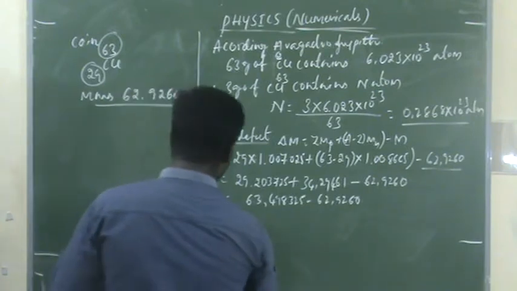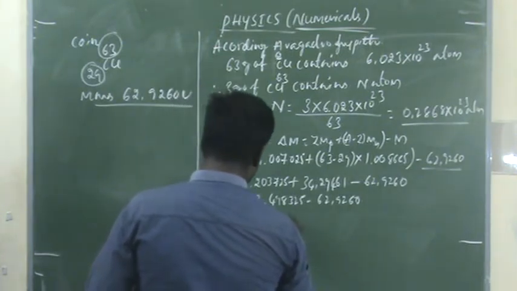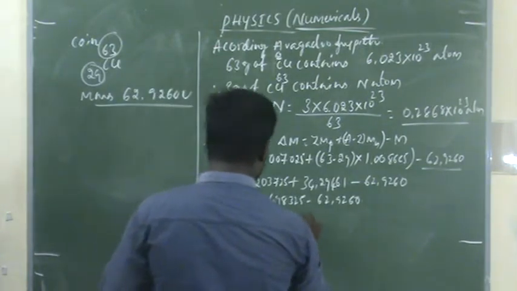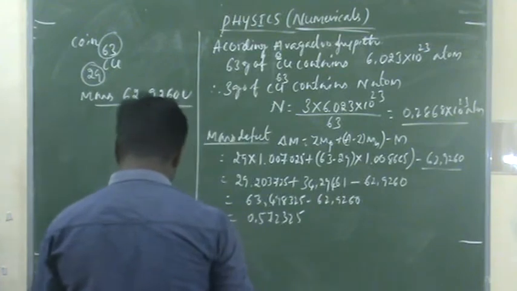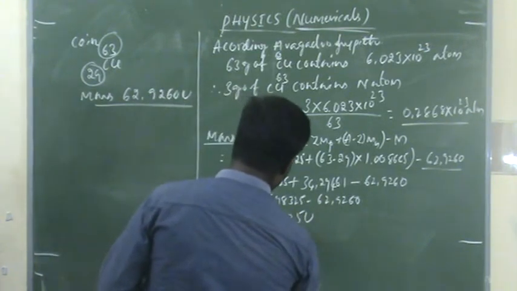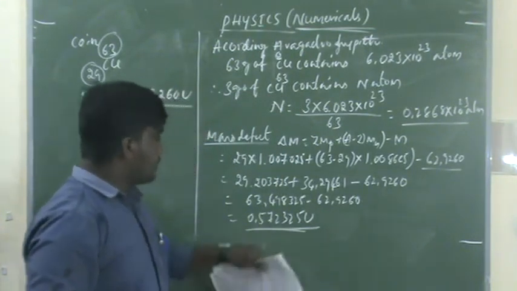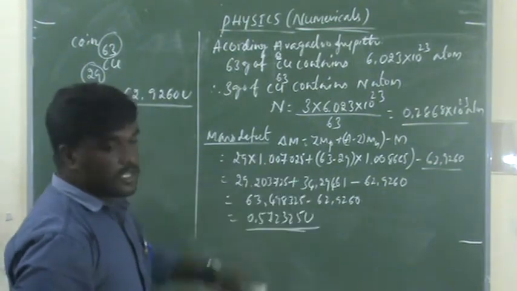So the mass defect is 0.572325 units. This is the mass defect value. So clear?